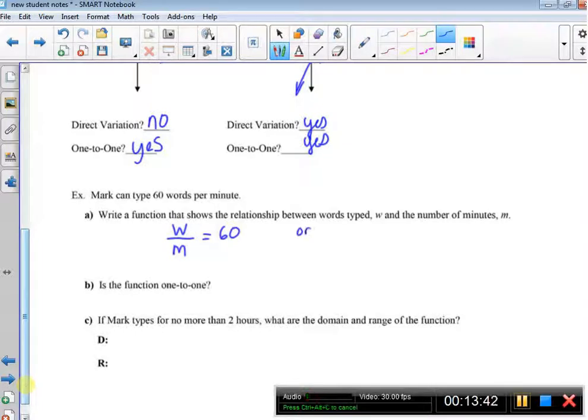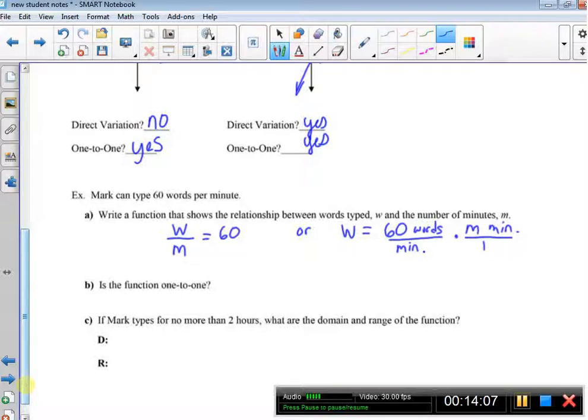Or the words typed equals 60 words per minute. Okay, and I'll write that out, 60 words per minute, that's like your rate, times M, which is your number of minutes.